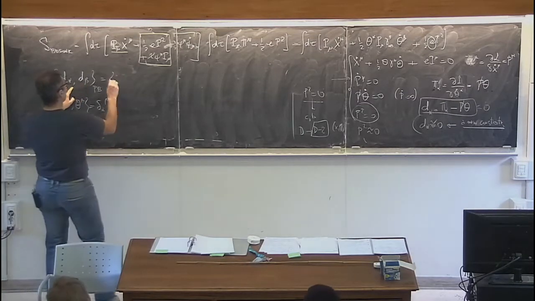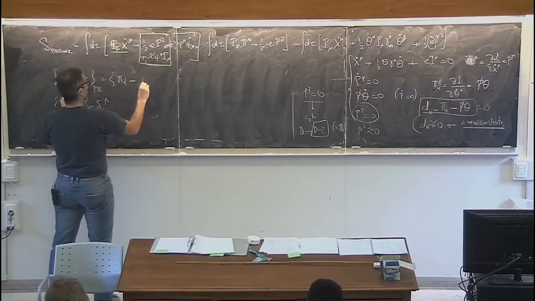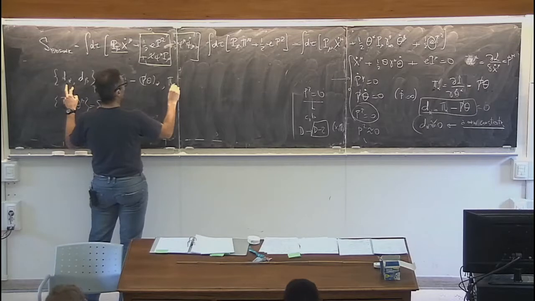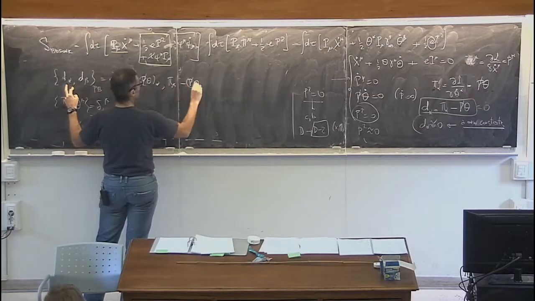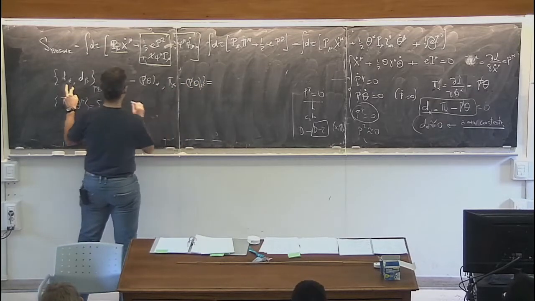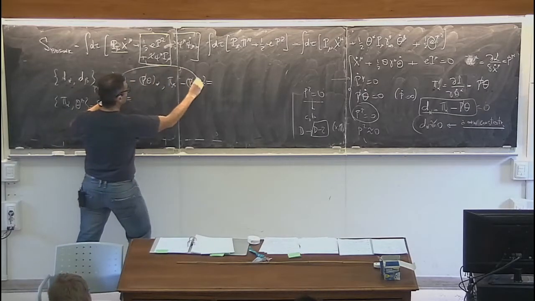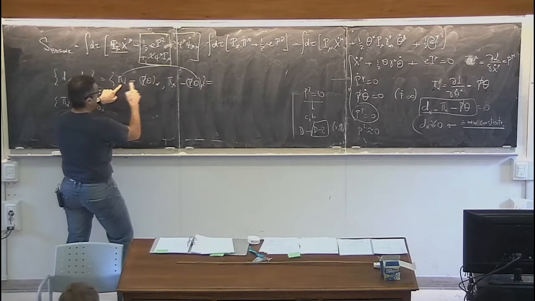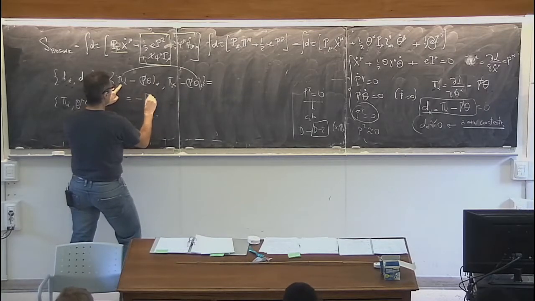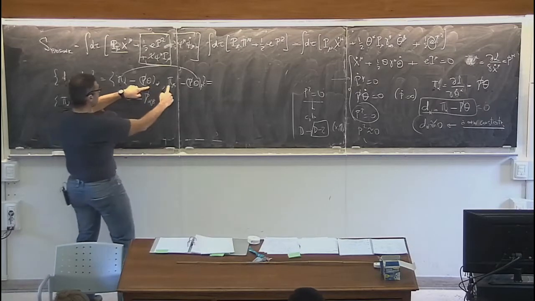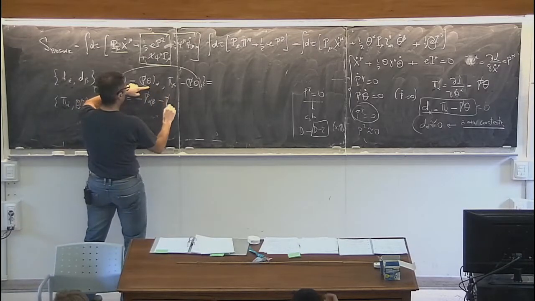Let me write it down. It's {π_α minus p slash θ_α, π_β minus p slash θ_β}. And this gives you what? Well, you see, π_α could act here. So π_α and θ gives you minus p slash αβ. And this gives you another minus p slash αβ.